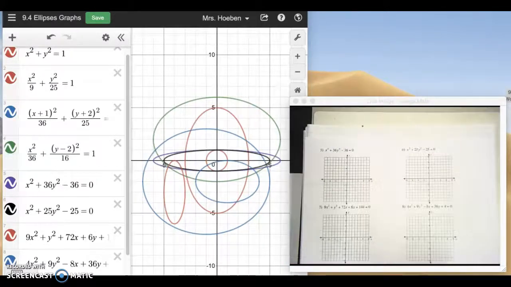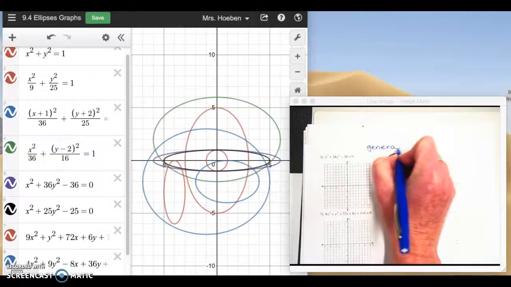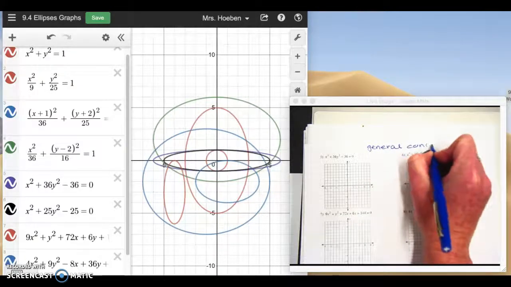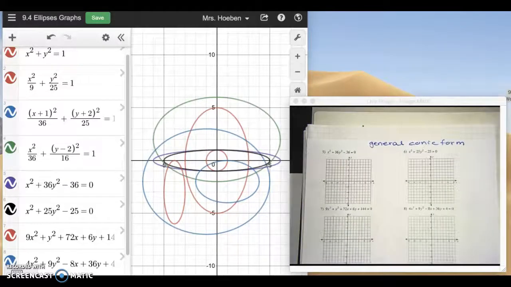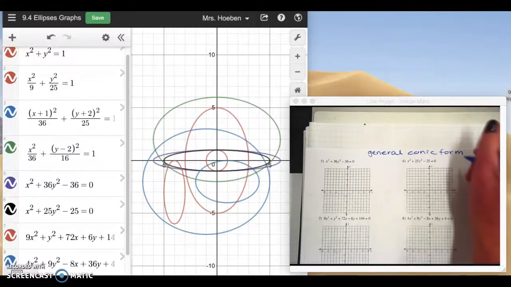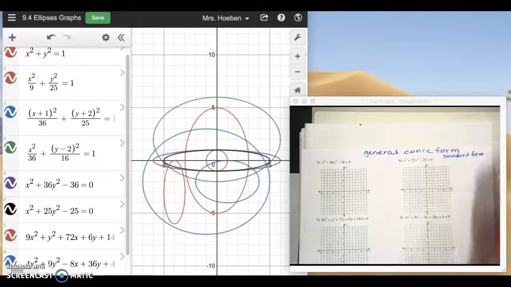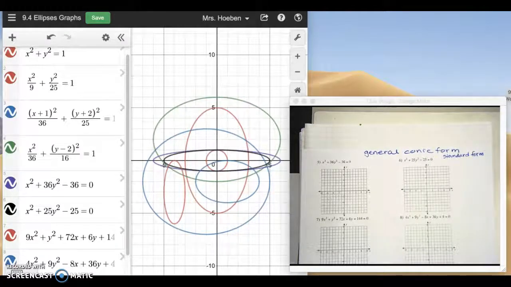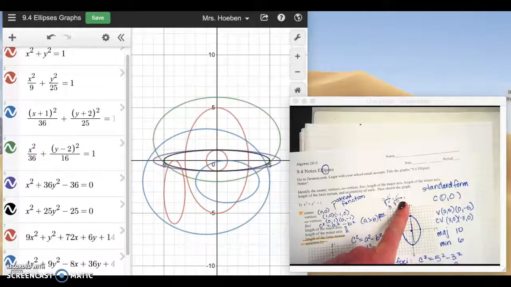All right, on the back, we're getting into non-standard form. This is called the general conic form. And so basically your goal with it is to get it to standard form by using your algebra skills, right? Okay? So you want it set equal to 1.